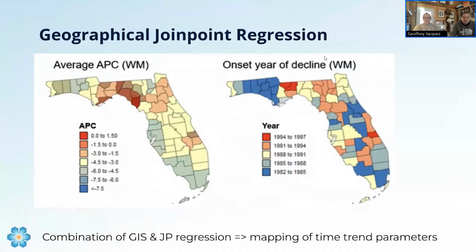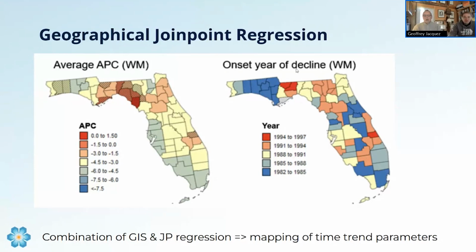That's going to tell you that, again, in some part of the Florida Panhandle, basically the rate barely changed during the time period. In other part of the state, we have a decline that can be up to 6-7% per year. And what is also very interesting is the timing for this particular decline. So here I'm mapping the onset year of the decline.